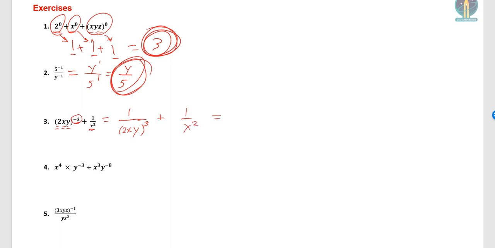Well, can we simplify this any further? Sure we can. We can distribute the 3 to the 2, to the x, and to the y. So we have 1 over 2 cubed times x cubed times y cubed plus 1 over x squared.